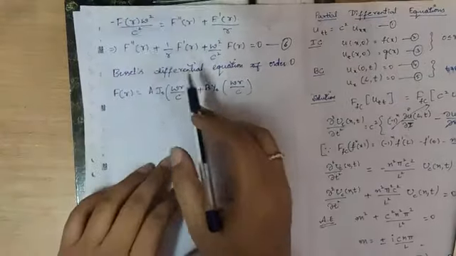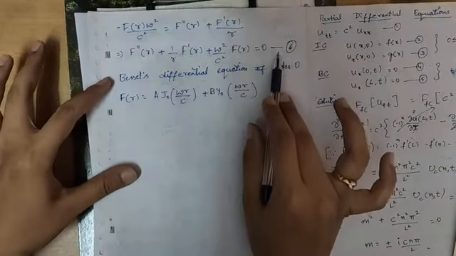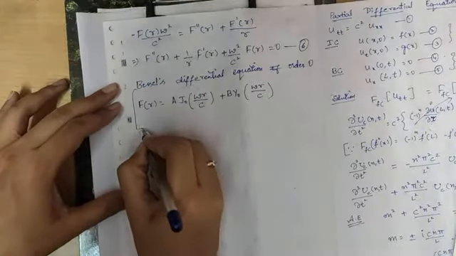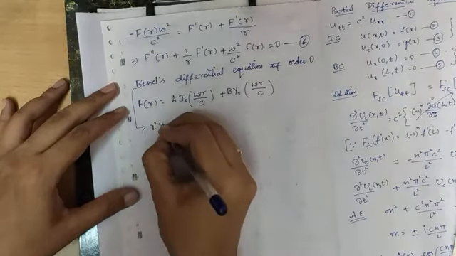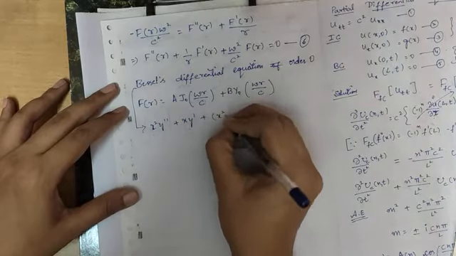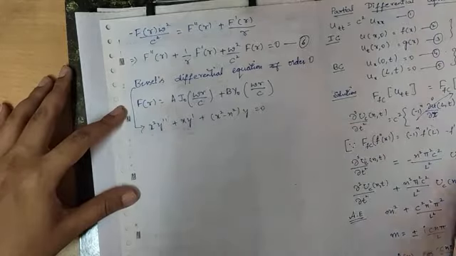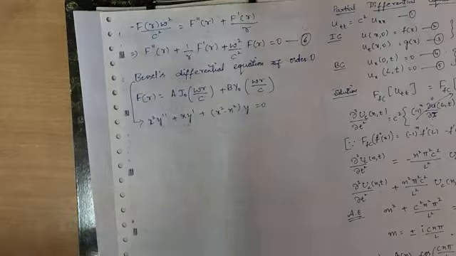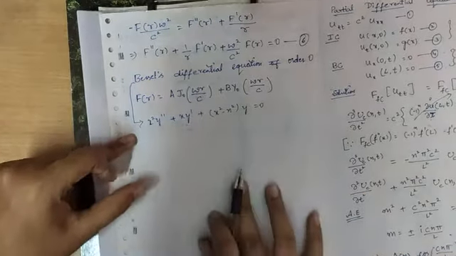I repeat, this equation number 6 is in the form of Bessel differential equation. In your ODE class, you have seen that Bessel differential equation is x square y double dash plus x y dash plus x square minus n square into y is equal to 0. This is your standard Bessel equation. You have solved this equation in your ordinary differential equations in the part on power series.